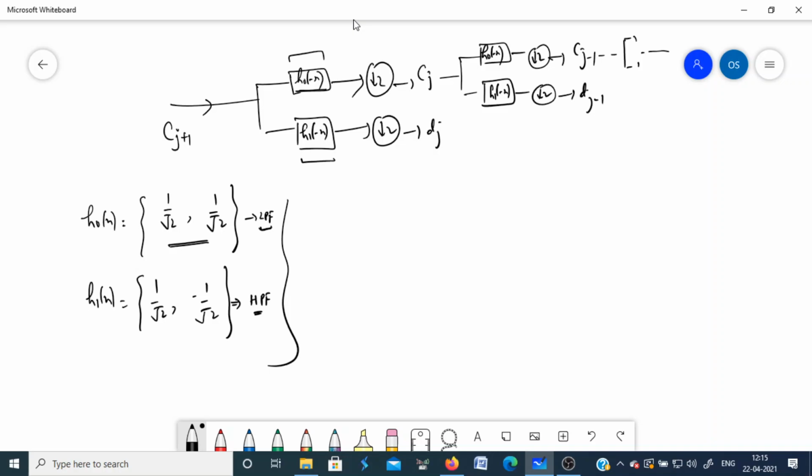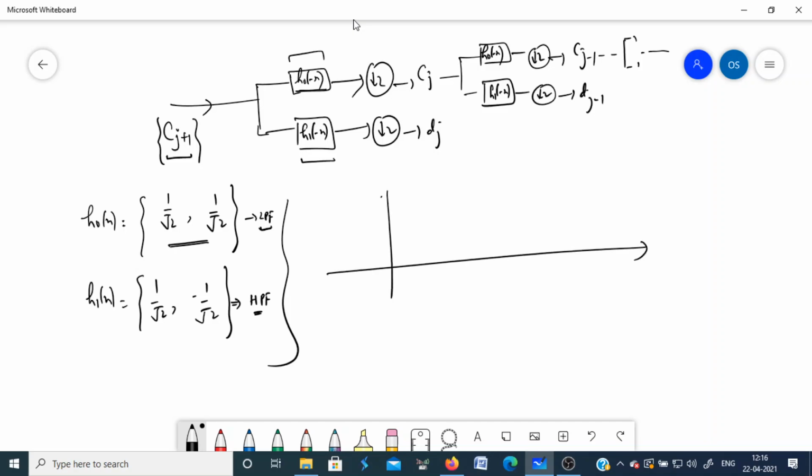It means when you pass this sequence Cj+1 through these two filters, what they do in the frequency domain is decompose the spectrum of this signal into two equal halves.